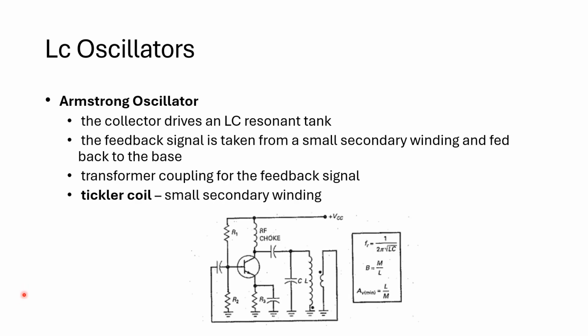Then we have the Armstrong oscillator, also called a tickler coil. It has a small secondary winding. So this is the difference. We have the frequency determining network as well as the feedback, and again we have the amplifier in a common emitter configuration.